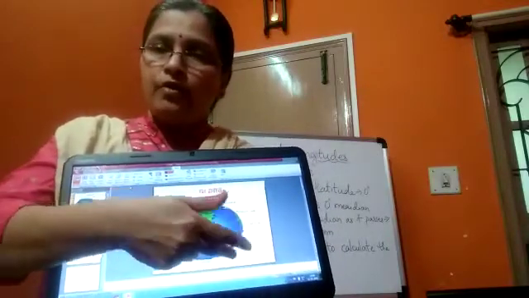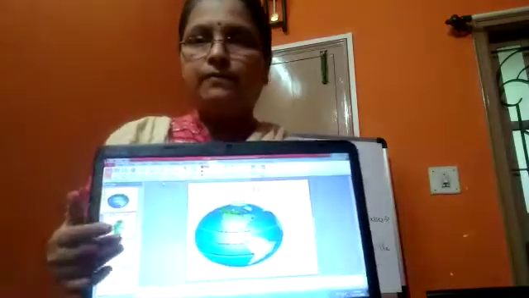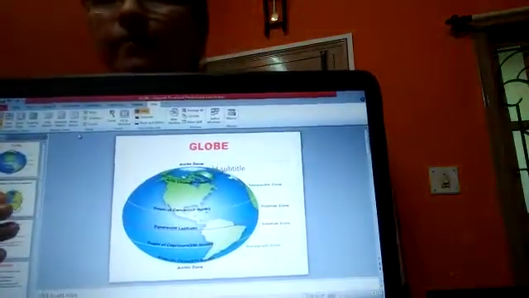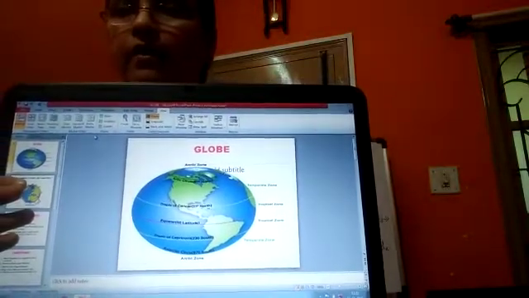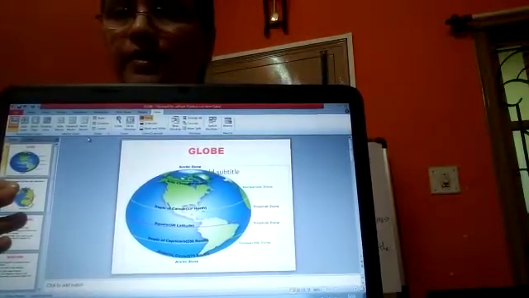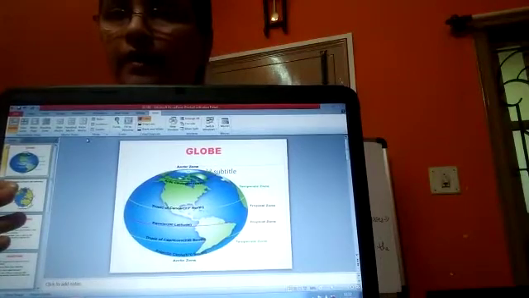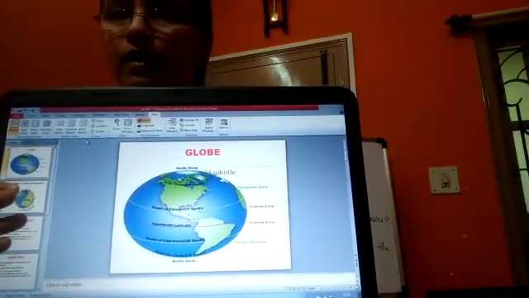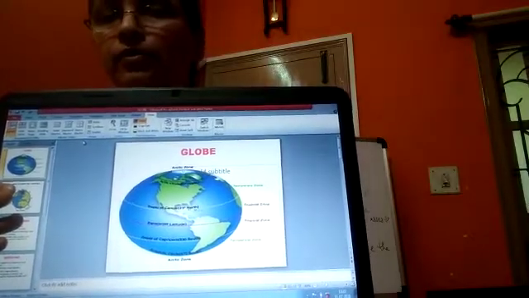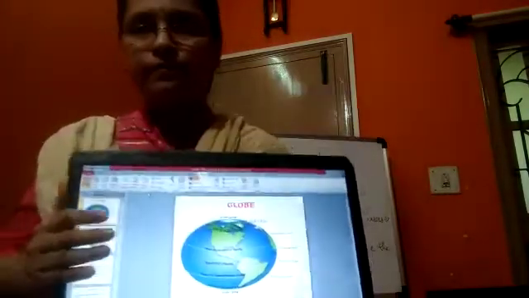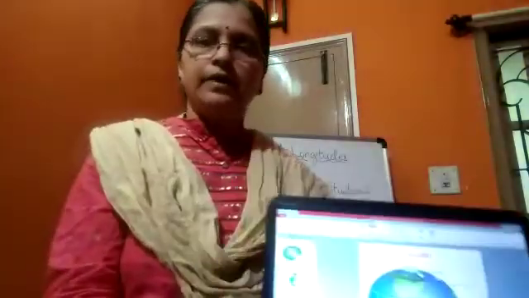The equator is the longest one, 0 degree. Then the Tropic of Cancer and Arctic Circle to the north, Tropic of Capricorn and Antarctic Circle to the south.